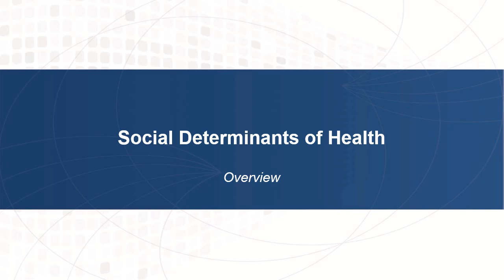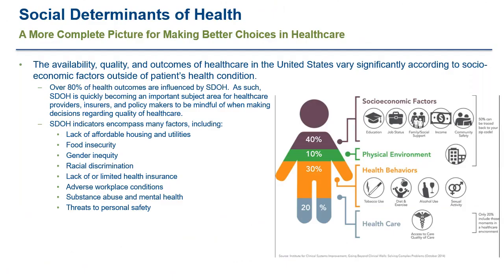So let's talk about social determinants of health and why they are important. This is essentially allowing you to use a better picture of the patient and the patient's challenges to make better choices within healthcare. Now, this is a very tight integration between healthcare policy, serving a patient population, and data, and clean and good data to be able to inform those decisions.